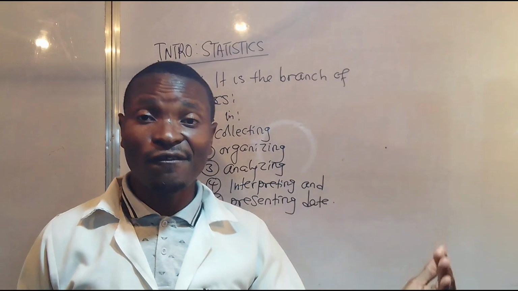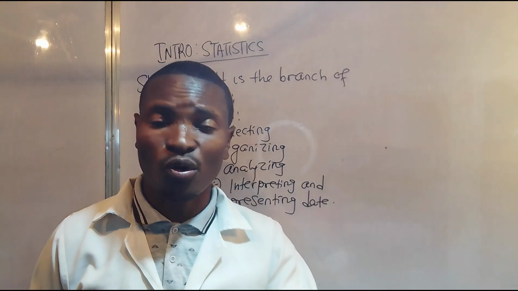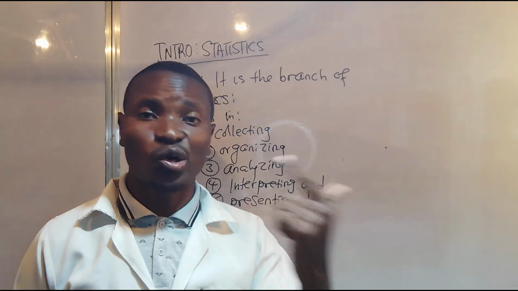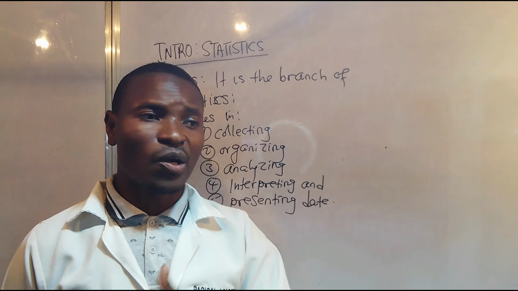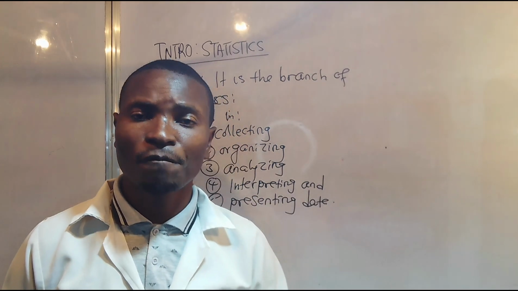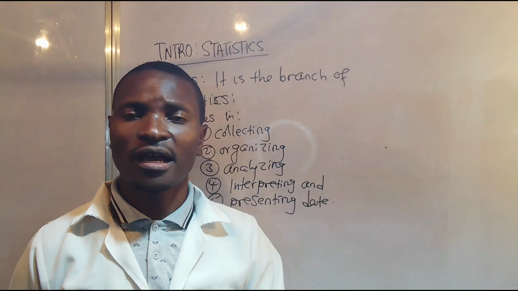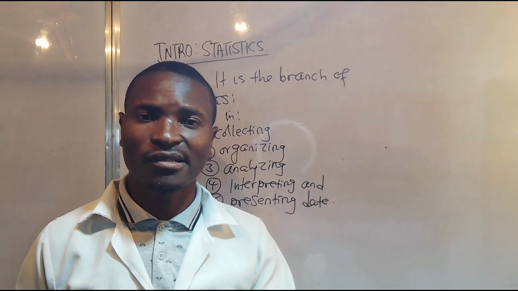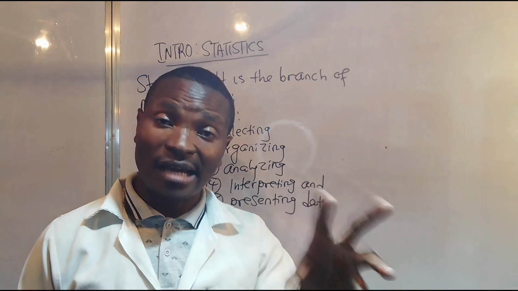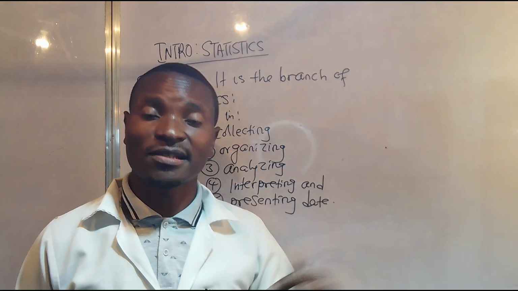Whether it is collecting sports information, business trends and economic information, things about poverty, or agricultural performance, every data that we collect, we must be able to analyze the information so that we can make a sound decision.